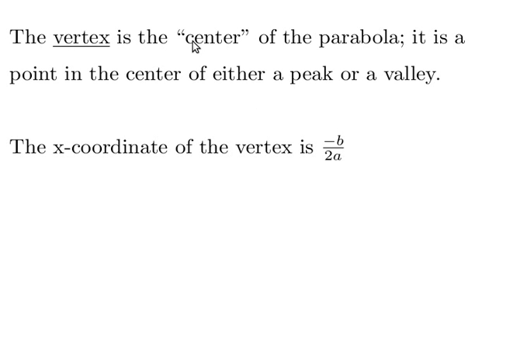And the reason why it's negative b over 2a involves calculus, so I would have a hard time explaining it in this particular video. You're just going to have to take my word for it that the x-coordinate of the vertex is equal to negative b over 2a.